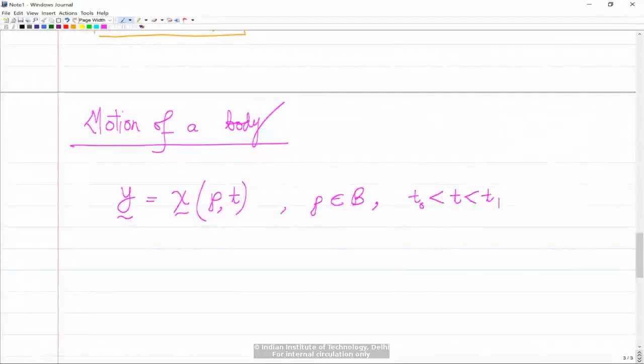Okay, so this is how you can mathematically describe motion.